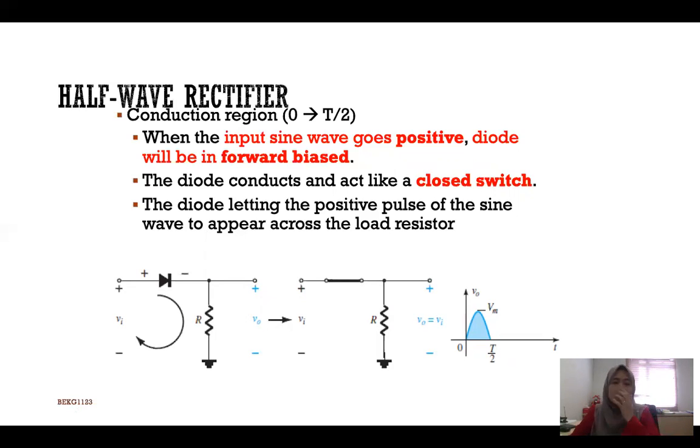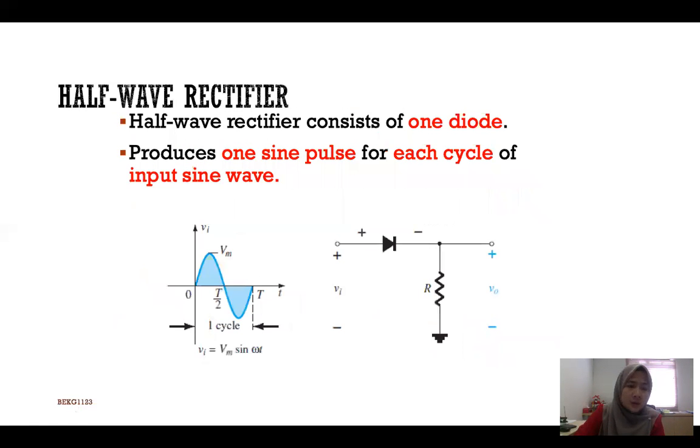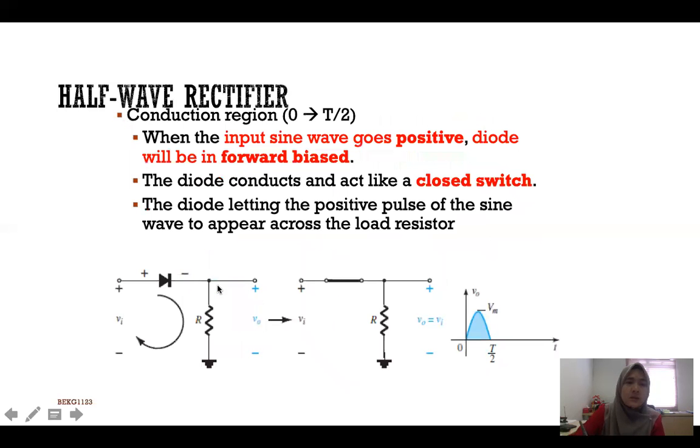So when the input sine wave goes positive, from 0 to T over 2, the input is positive. So we call this a forward bias. In forward bias, the diode conducts like a closed switch. So the diode over here will conduct as a closed switch like this.